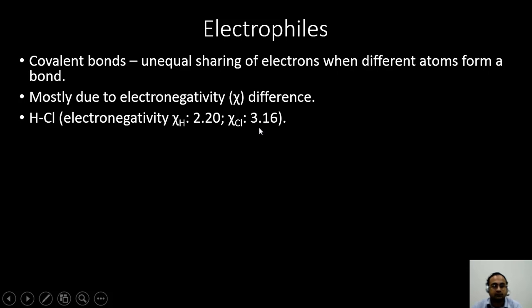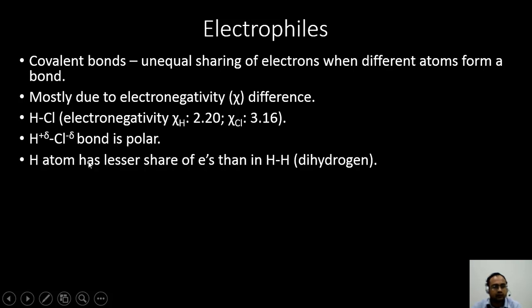Therefore, there is a large difference between the electronegativity of these two atoms, and as a result, the HCl bond is a polar bond where partial positive charge is located on the hydrogen and partial negative charge is located on the chlorine atom. Therefore, the hydrogen atom has a lesser share of electrons than it will have in dihydrogen.